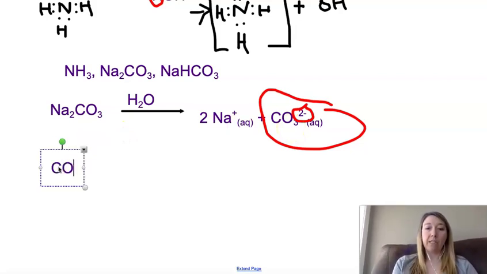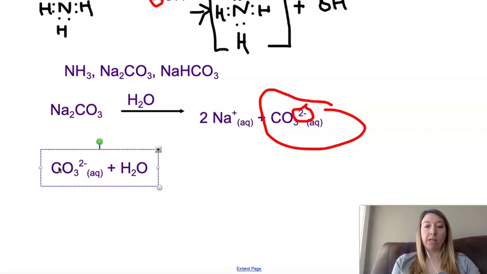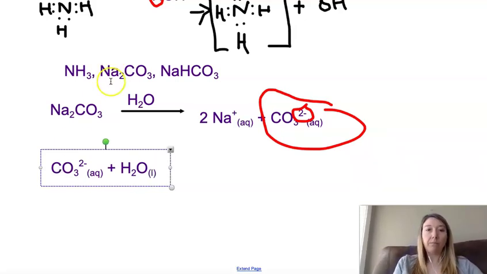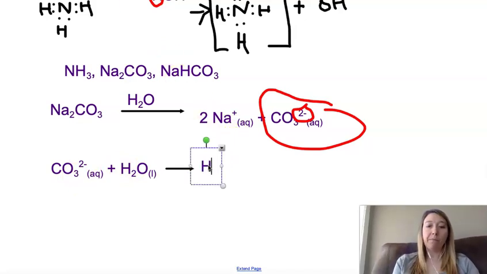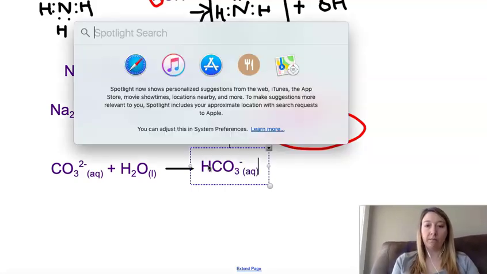And then what we find is that that carbonate ion is going to react with water. And it's going to do the same thing that it did when we reacted it with the ammonia up there. It's going to take a hydrogen away. And so we're going to make hydrogen carbonate and a hydroxide.